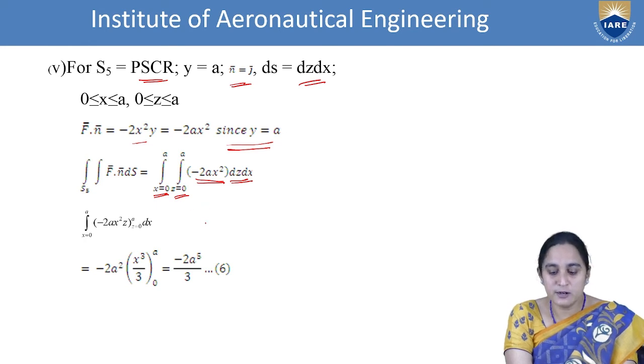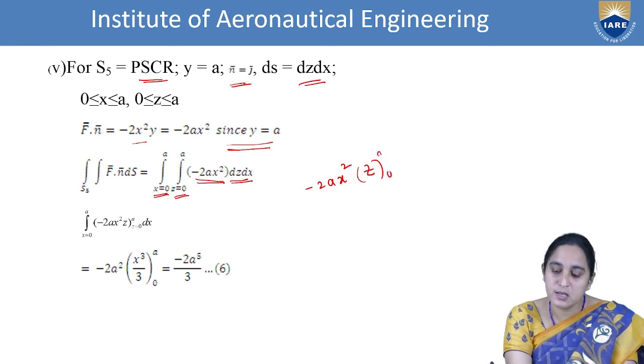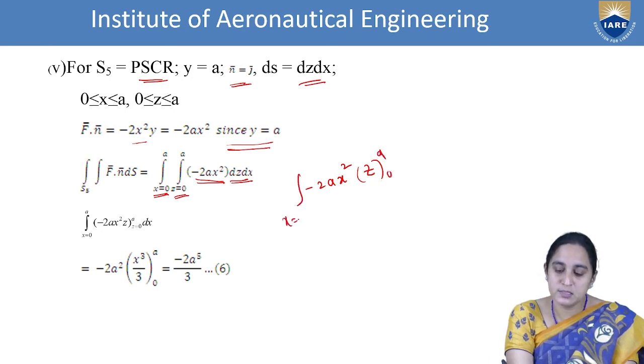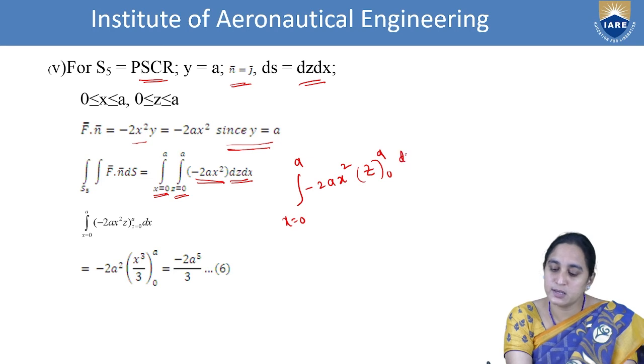Now integrate first with respect to z. The integral of minus 2a x square with respect to z has limits 0 to a, and the remaining integral is 0 to a dx.